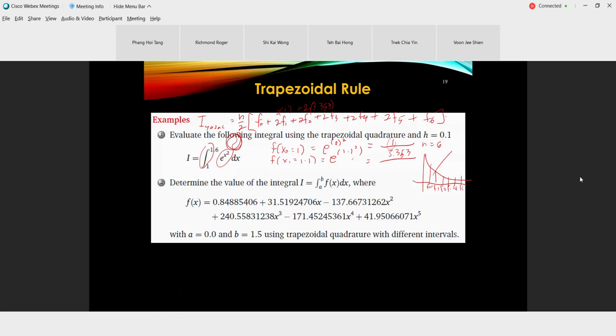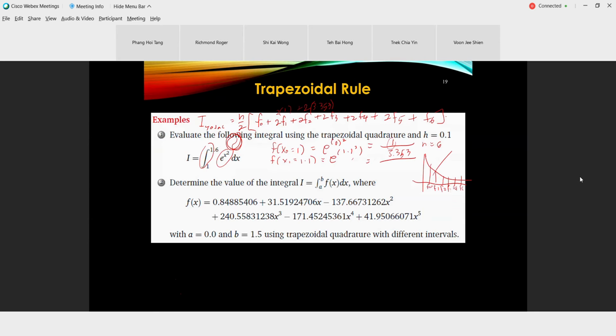So whatever question or problem statement that is given to students regarding numerical integration, you must understand what the function is, what the lower boundary is, what the upper boundary is, and what equal space you need to choose.